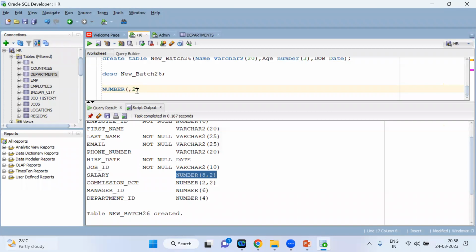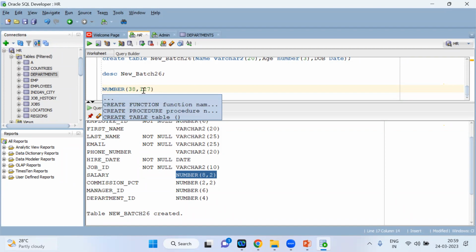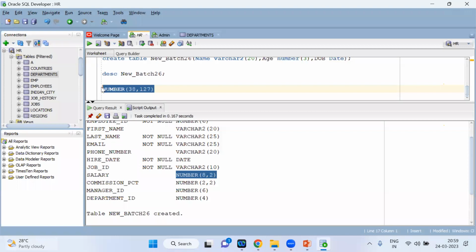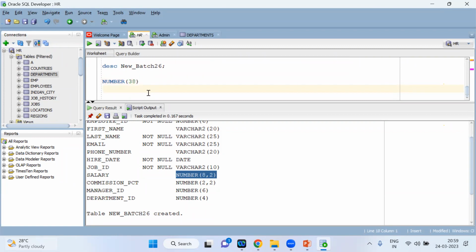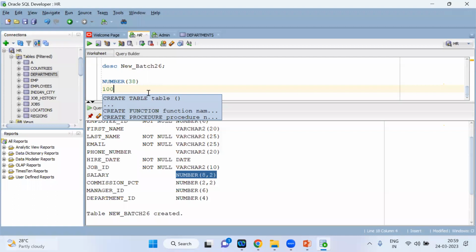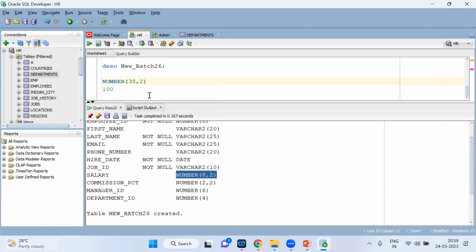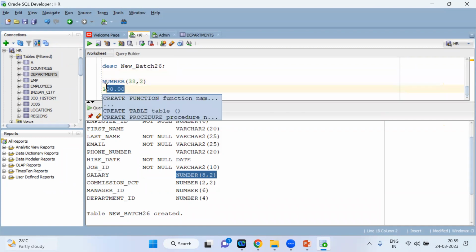In the decimal data type, if you mention it like this, numbers and decimals both you can insert. If you are giving only this, you are eligible to insert only numbers without the decimal part. If you mention something like this, comma 2, you can insert data as 0.00. Any other doubt, guys? Any other question?